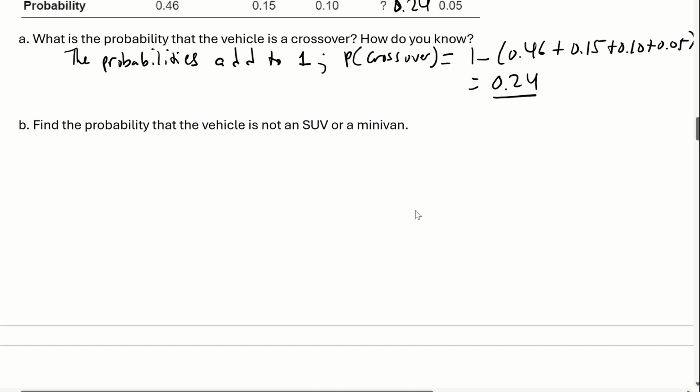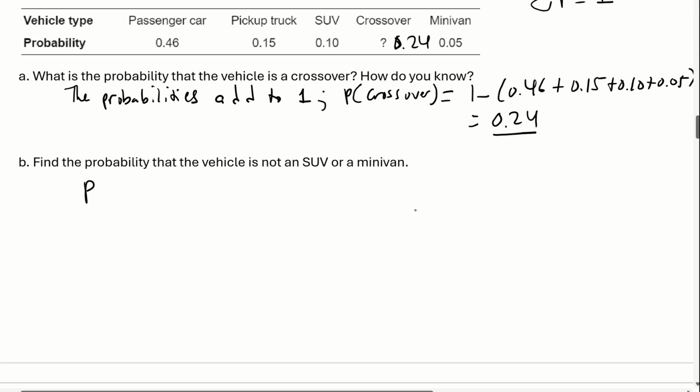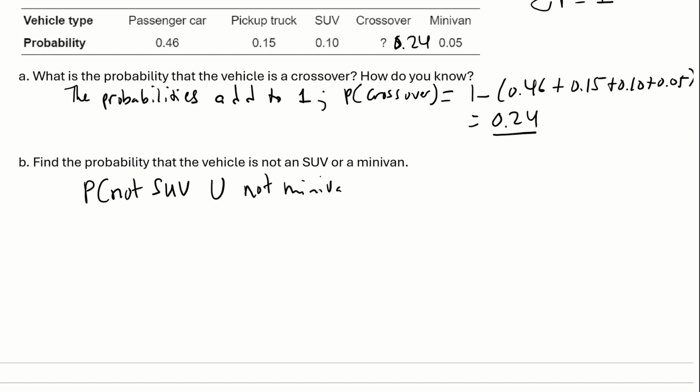Find the probability that the vehicle is not an SUV or a minivan. So that means, okay, so probability not SUV or not minivan. So we just have to add those probabilities together, right? These are mutually exclusive, so you just add them. So anything that's not either of those.